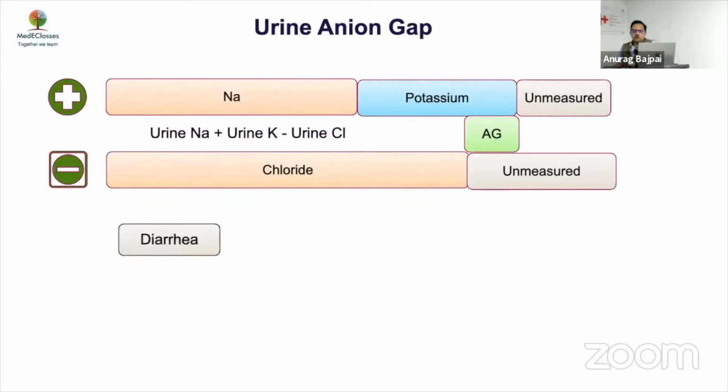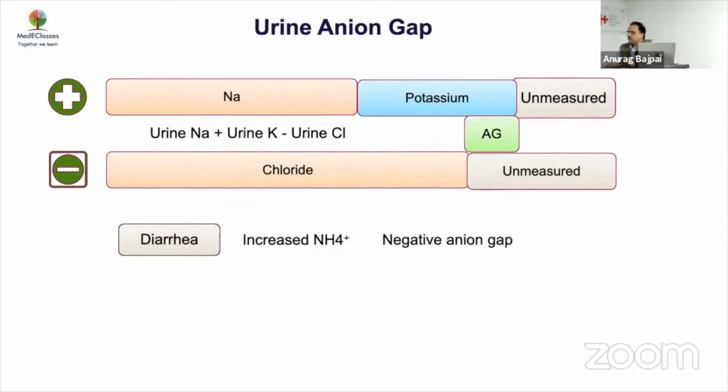What will happen to urinary anion gap in diarrhea, Dr. Vibha? So in diarrhea, there will be normal ammonium production, so the anion gap will be on the negative side. Basically, your unmeasured side will increase, so the anion gap will become negative. What about RTA?